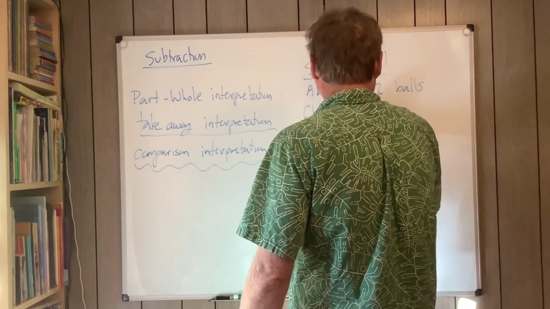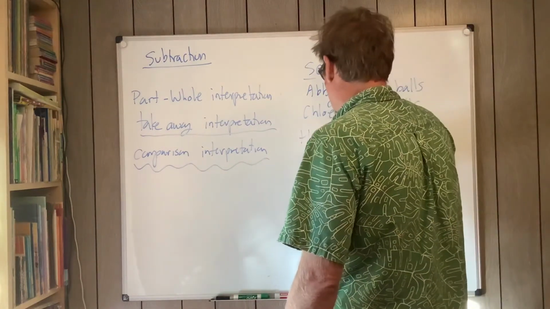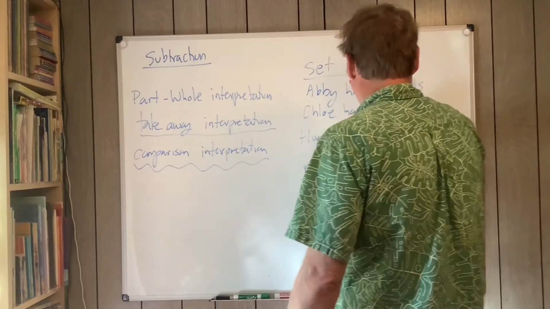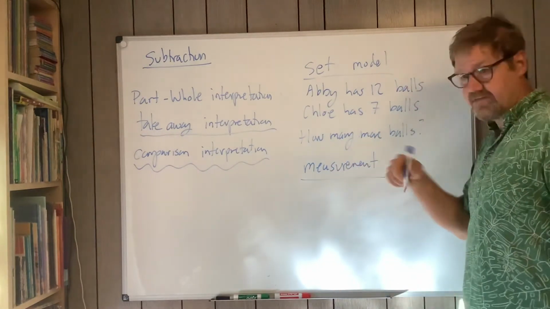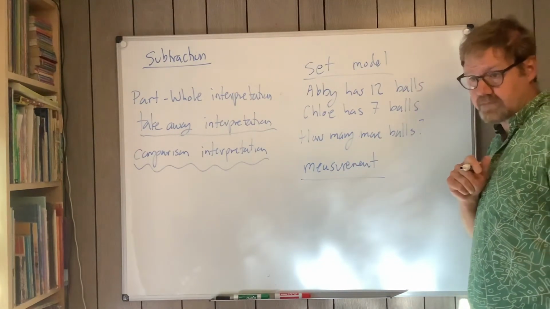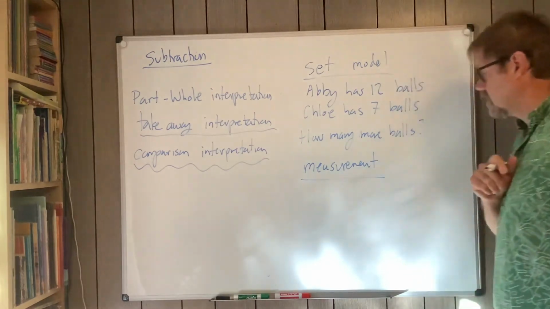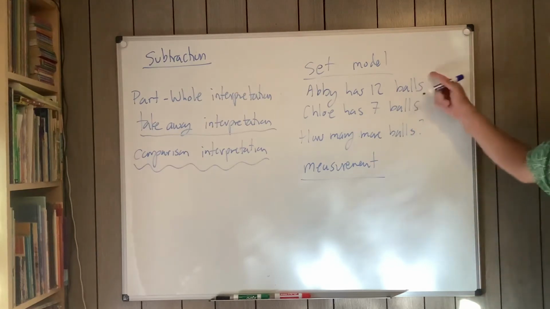Say Chloe has 7. How many more balls does Abby have than Chloe? Those are actual things.